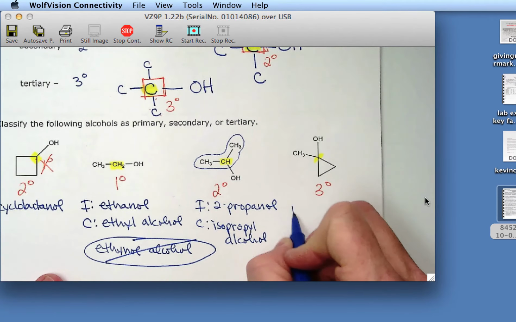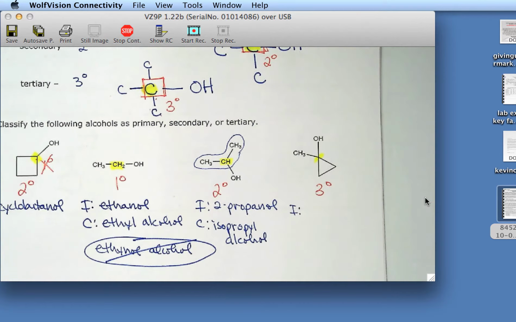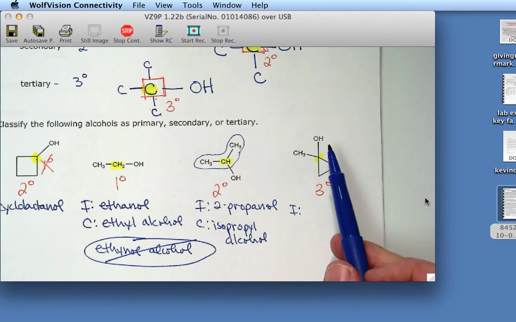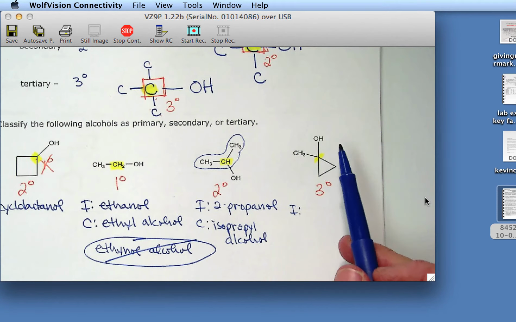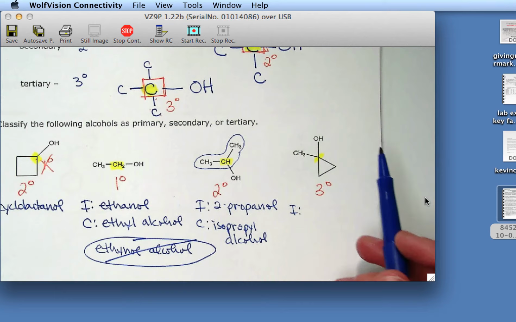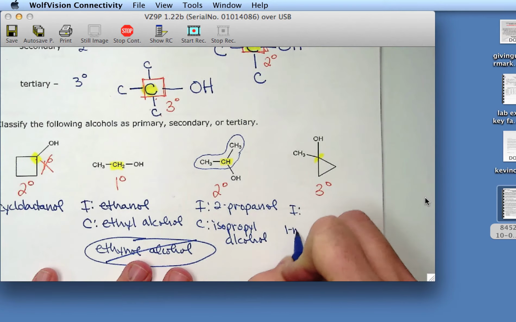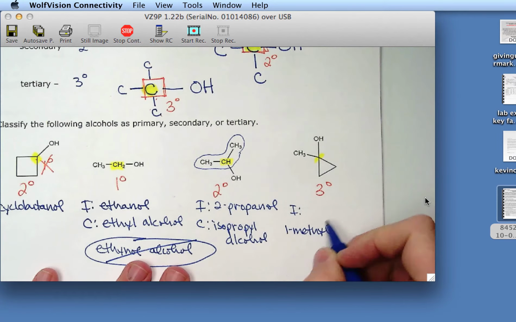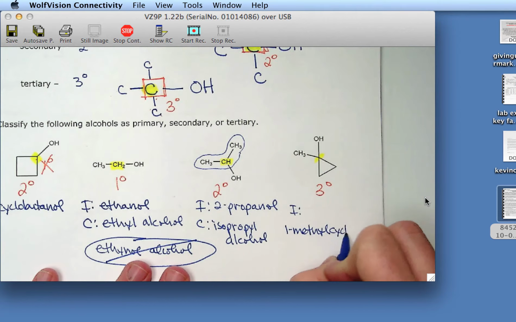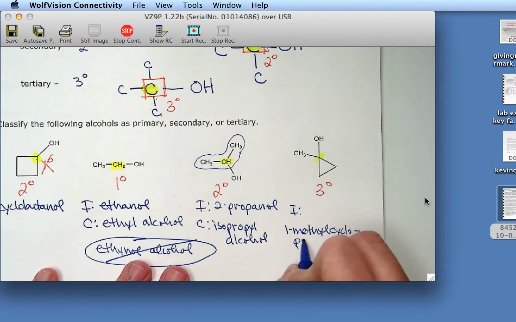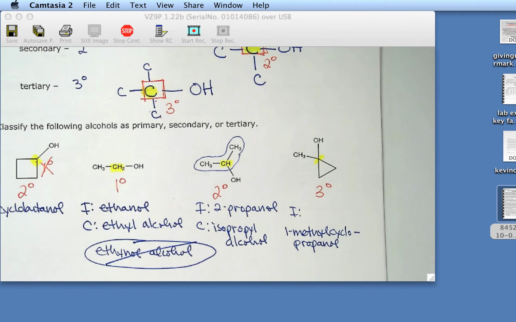This last one can only be named by IUPAC. Cyclopropane, cyclopropanol, 1-methyl cyclopropanol. And I don't have to say the 1-cyclopropanol.